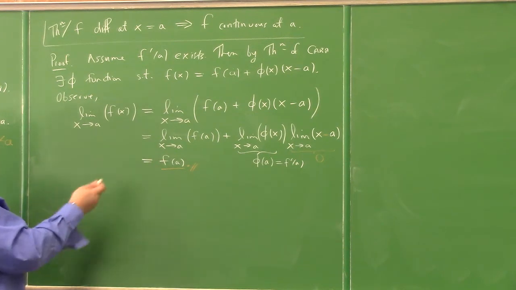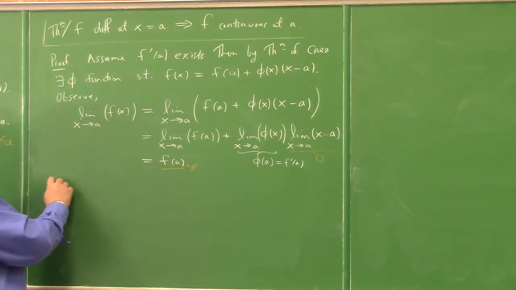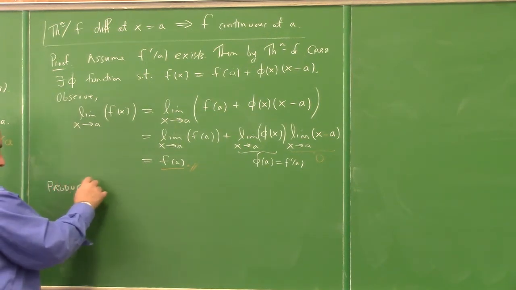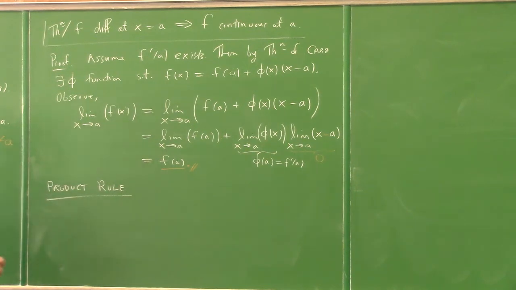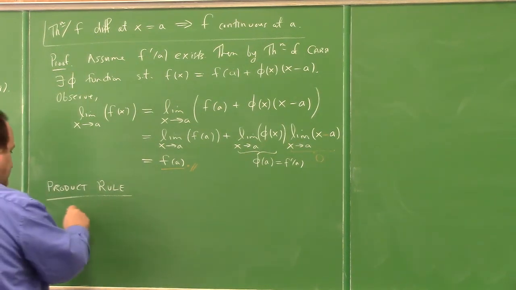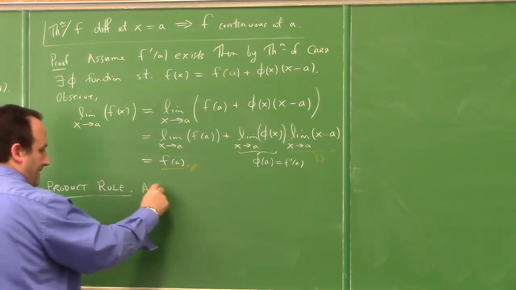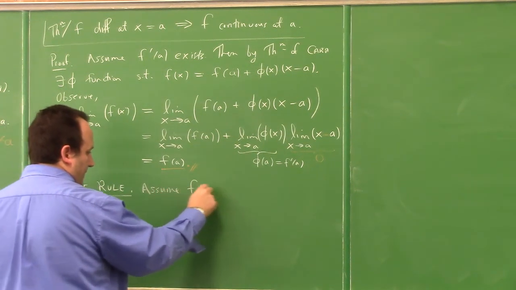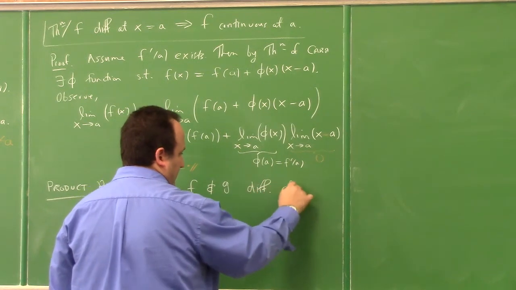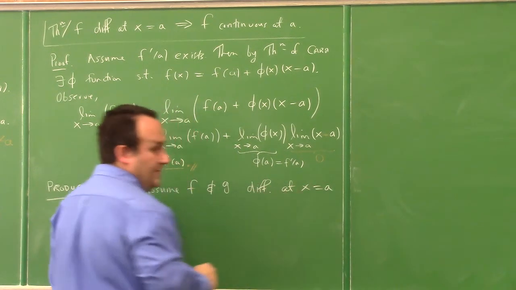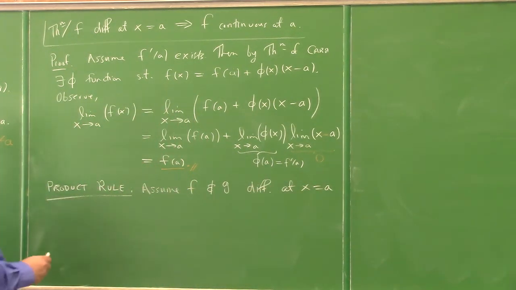So, great. Let's talk about product of functions. Let's talk about the product rule. See if we can discover it. So, assume f and g are differentiable at x equals a. What does that mean?